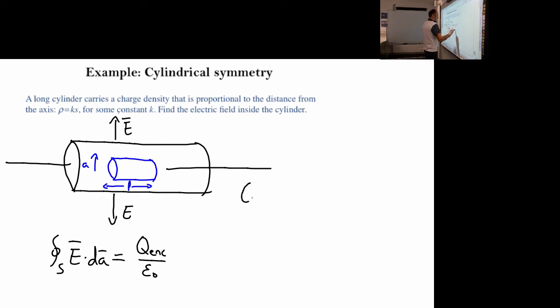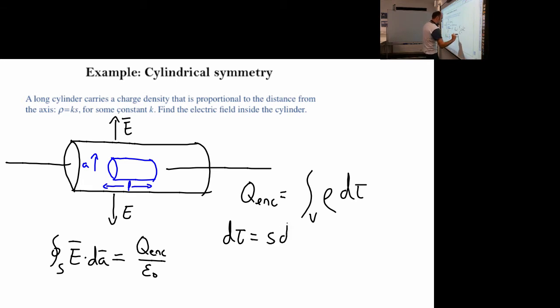So the total charge enclosed is the volume integral of rho d tau, and d tau in a cylindrical coordinate system is s ds d phi dz. Now we must integrate this with limits between 0 and A, 0 and L, and also 0 and 2 pi.